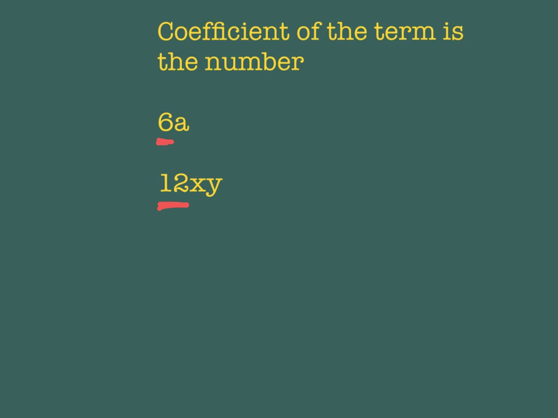So whenever anybody says something like, what is the coefficient of, you're looking for the number that is with the variables. So one like 16x squared y, your coefficient, the number with the variables, is 16.